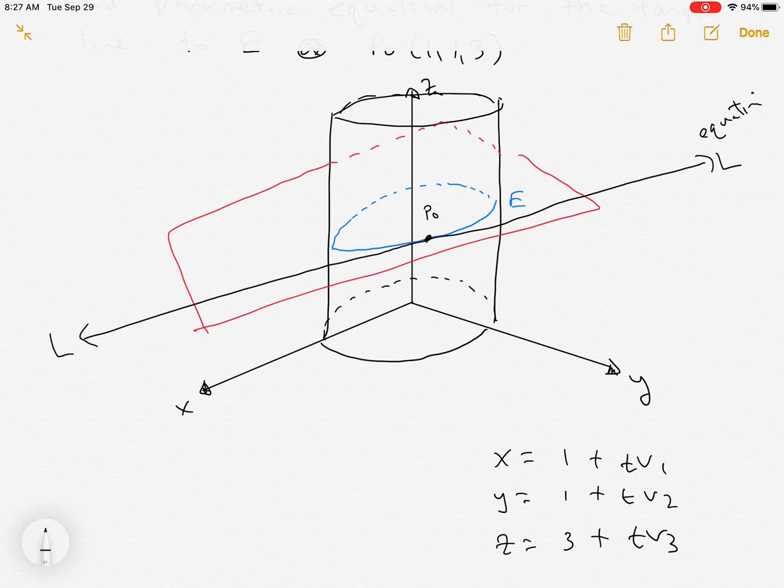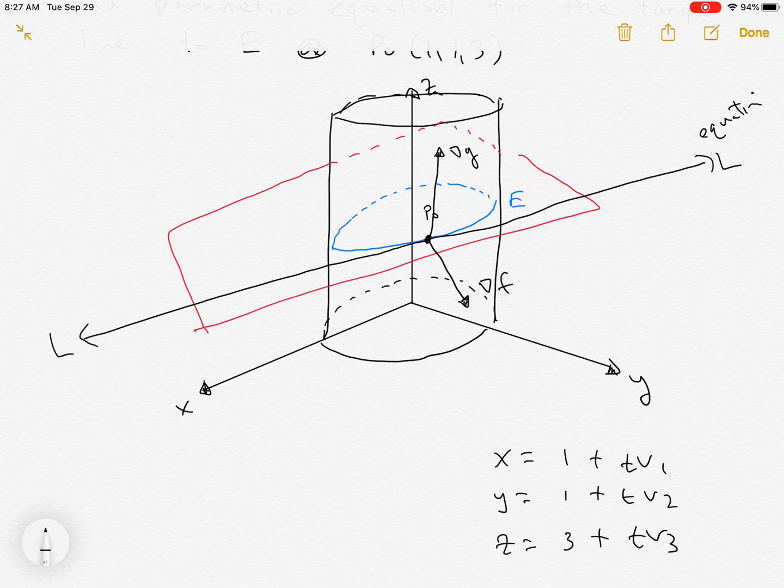So perpendicular to this point on the surface, going out here, is del F. Right? And perpendicular to the plane, going this way, is del G. And they meet at P naught.